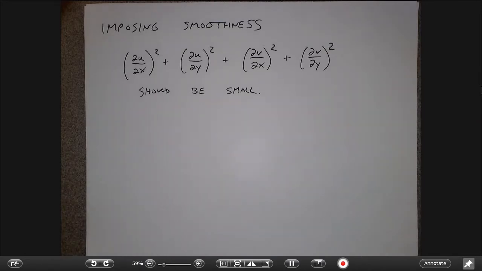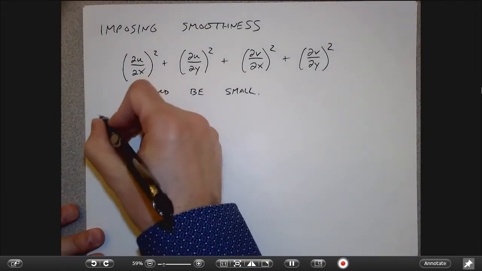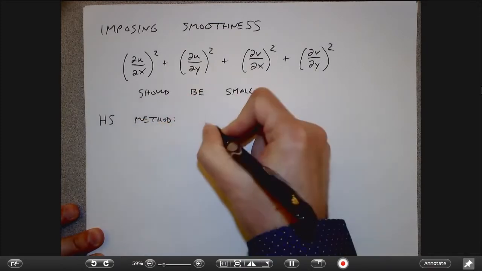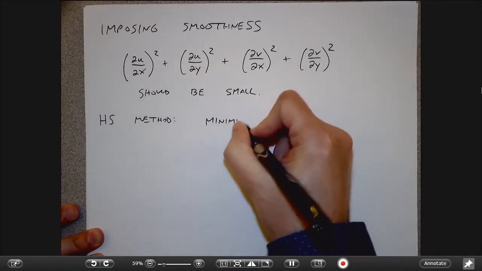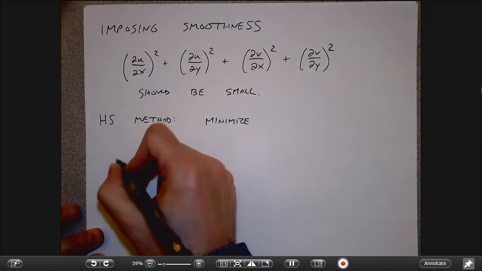That's like saying I shouldn't get very many big changes in the flow vectors, okay? And so if I put this all together, the Horn-Schunck method is basically to minimize the following.